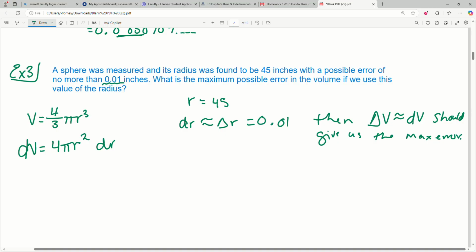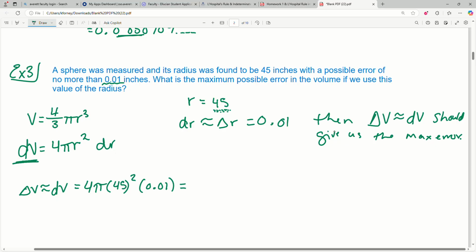I'm going to leave that right there. So now, to compute dV, we've said delta V is approximately dV, which is 4 pi r squared dr, and we've just talked about dr is 0.01. Well, what is r? 45.